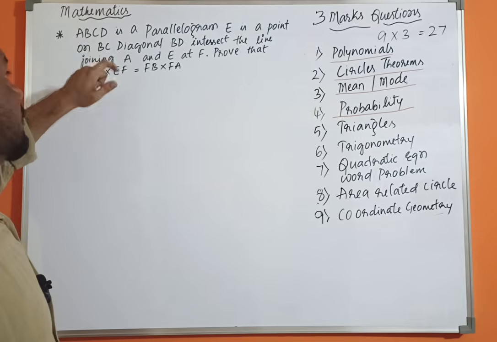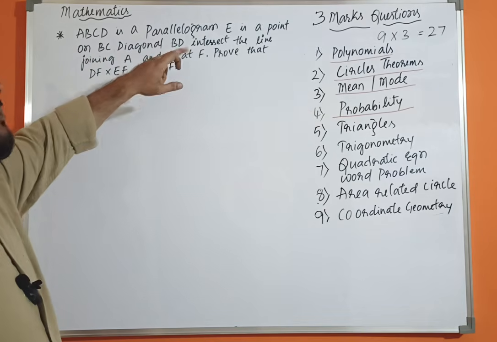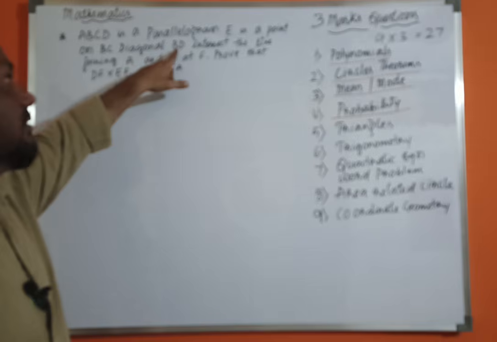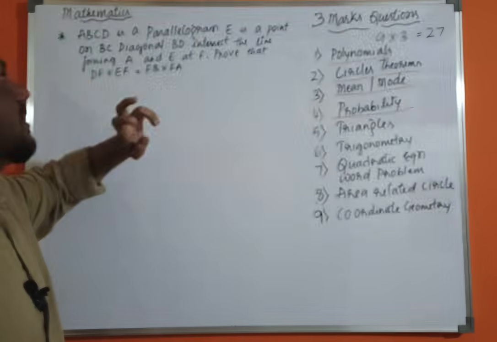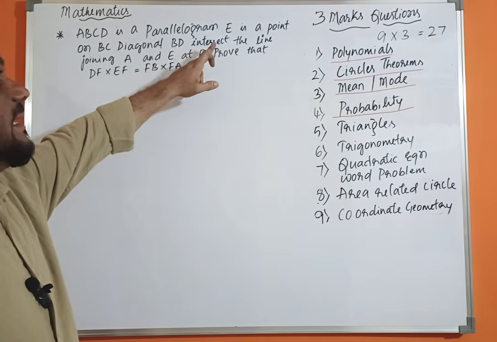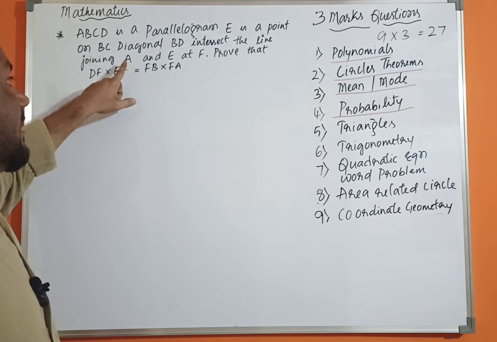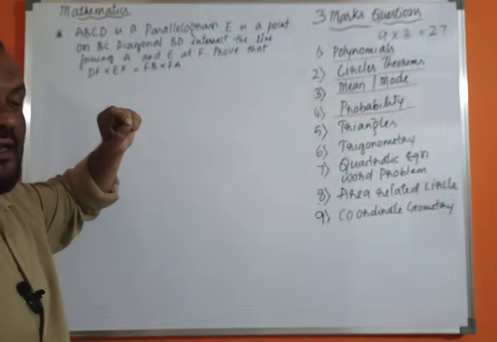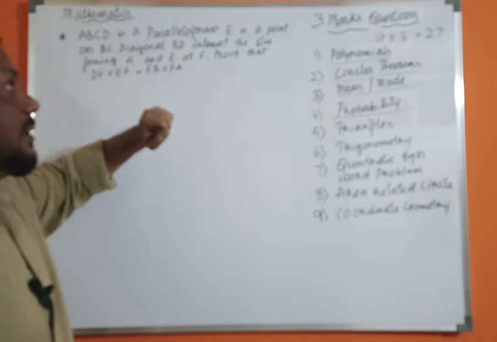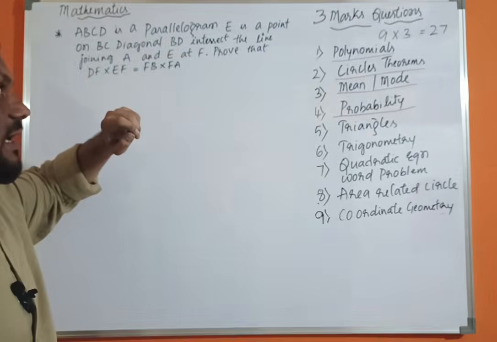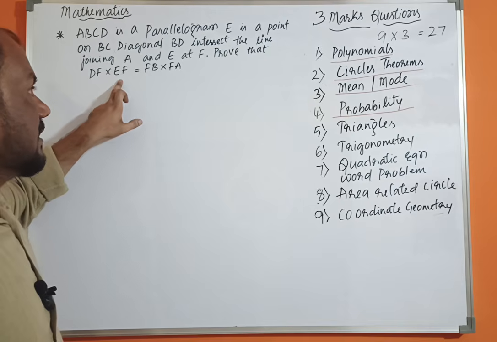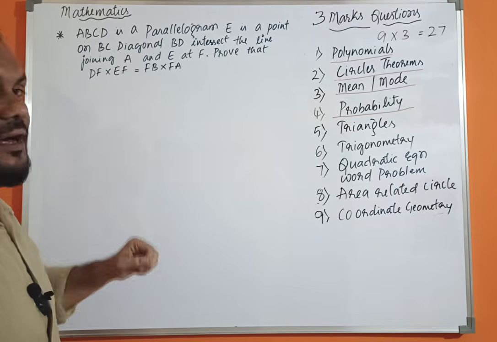Diagonal BD means which joins the opposite vertices, B and D. Diagonal BD intersects the line joining A and E at point F. Prove that DF into EF is equal to FB into FA.